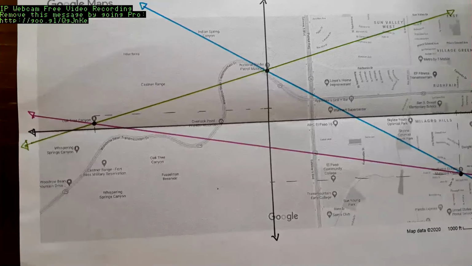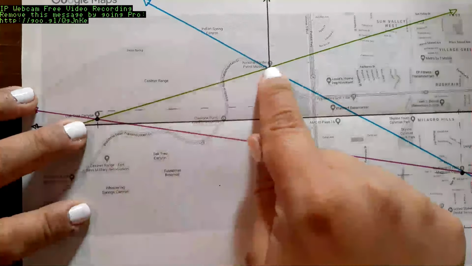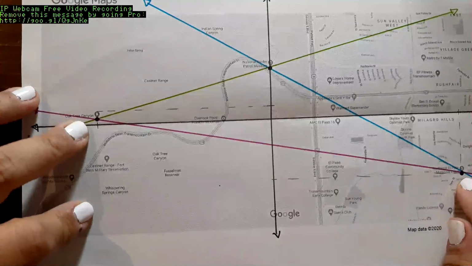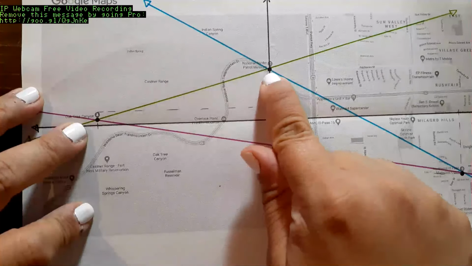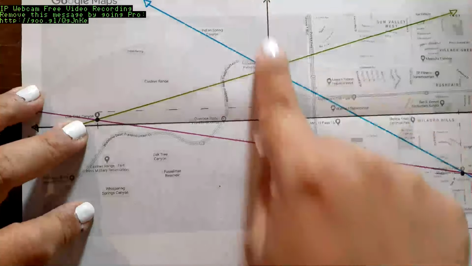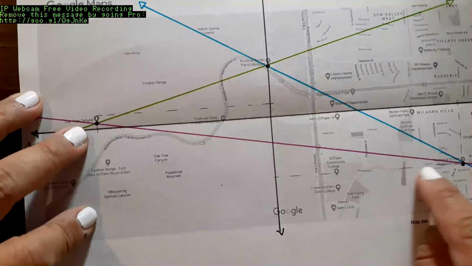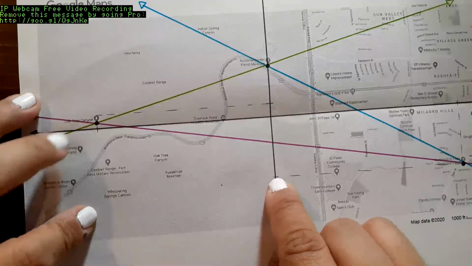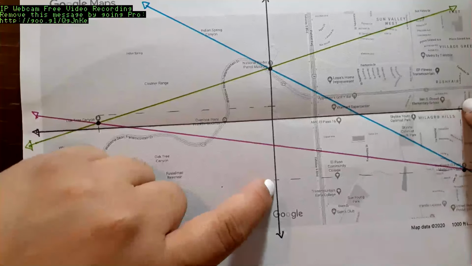How I graphed these is I got my 3 main buildings, my vertices, and I made sure that I kind of cheated and made this one on my axis. Then I got a pencil and connected this one to my y-axis and up to my x-axis.